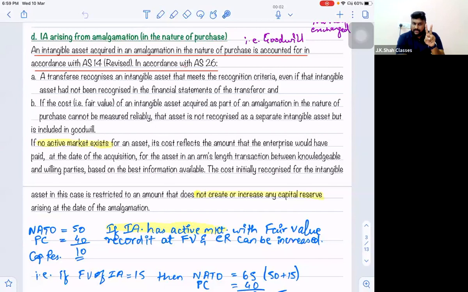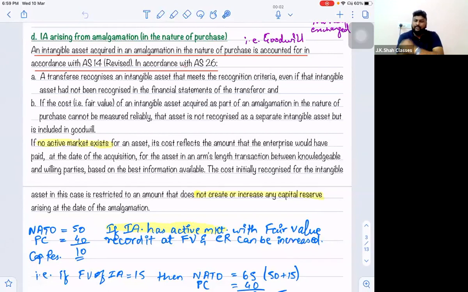Even if the selling company had not recorded that intangible asset because it did not meet the asset recognition criteria for them, but it is meeting for us, we can record it in our balance sheet. That is point number 1. So even if the intangible asset was not recorded in the balance sheet of the selling company, we can still record it in our balance sheet if and only if it meets the asset recognition criteria. Point number 1.